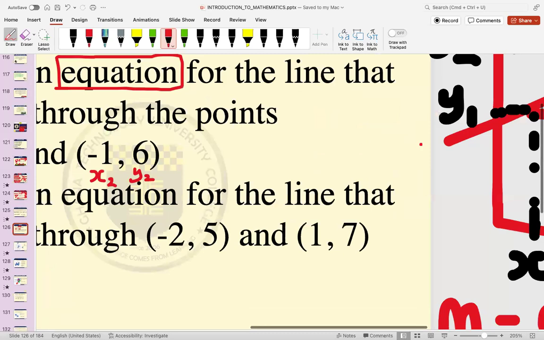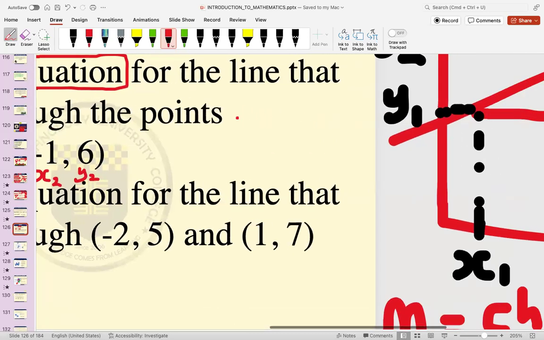So in finding the m, we'll have m equals y2 minus y1 divided by x2 minus x1.